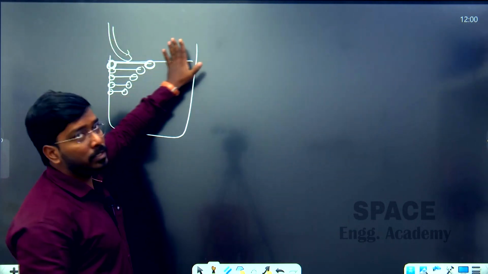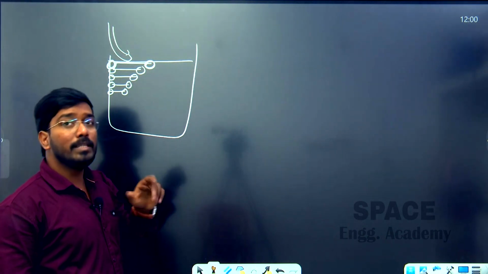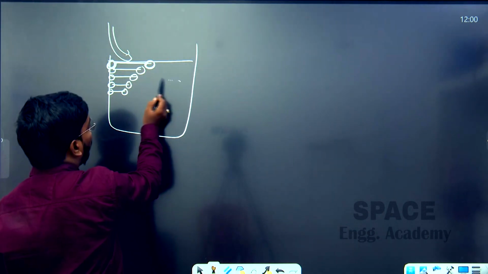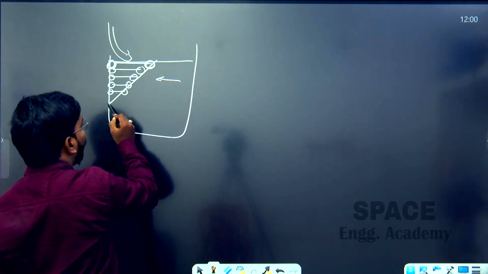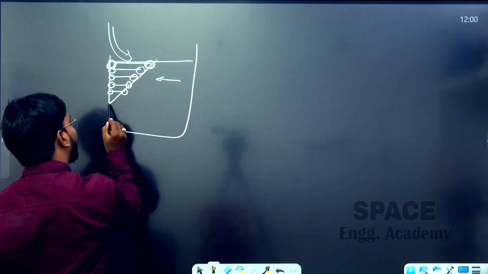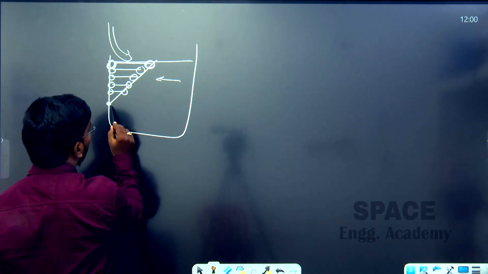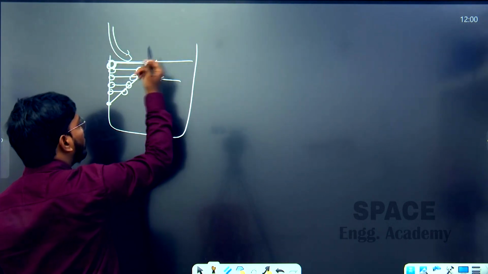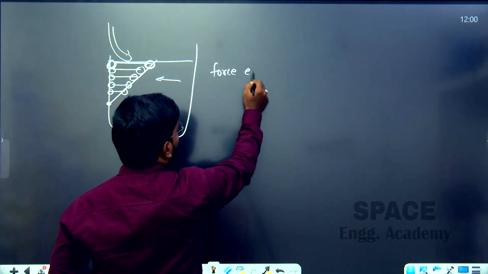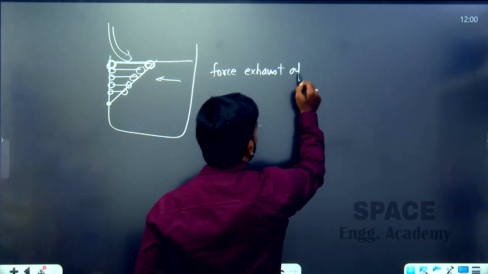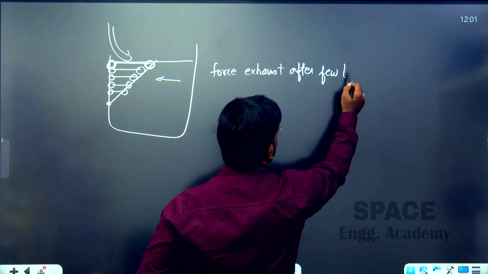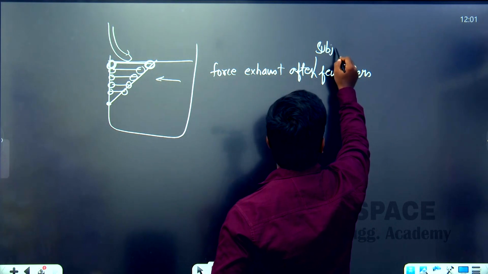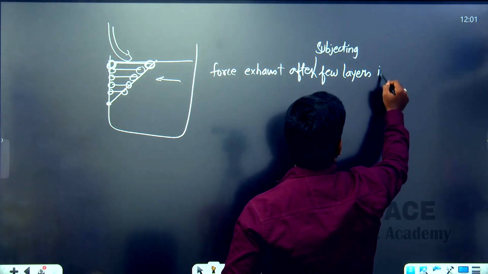What we apply is some tangential force. What is the inertia inside the fluid? Viscosity. So the viscosity is going to resist that applied force, and we can say yes, the force influence is decreasing. At last, this is the point after which there is no layer which is going to move due to the influence of this particular force. The force is going to get exhausted after subjecting a few layers in motion.